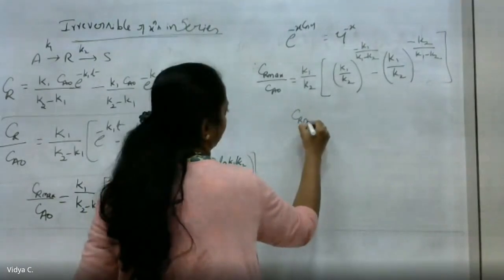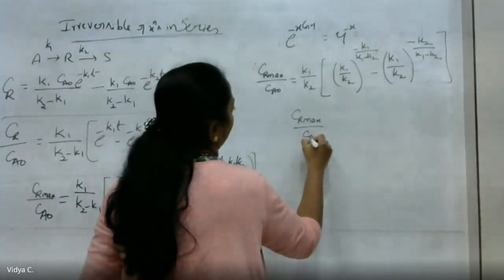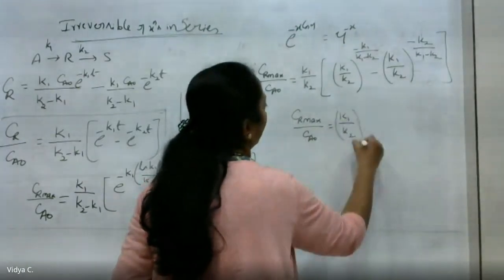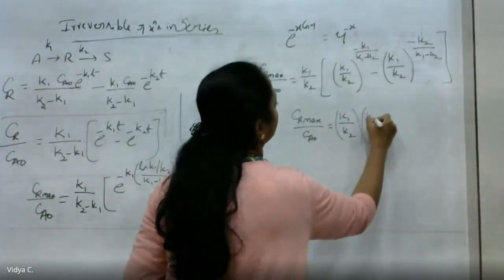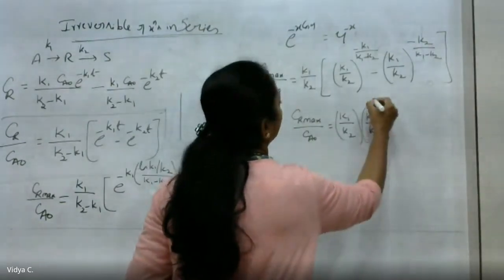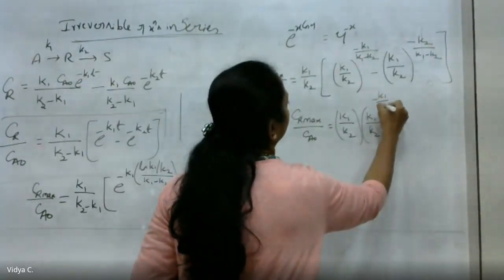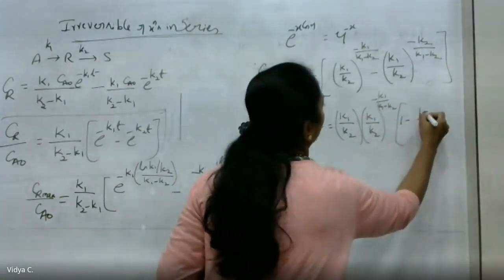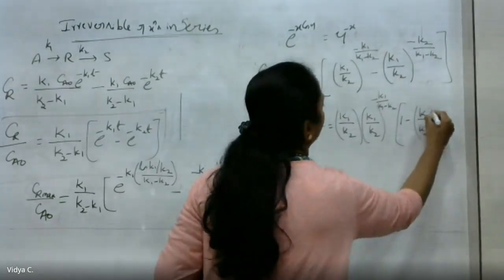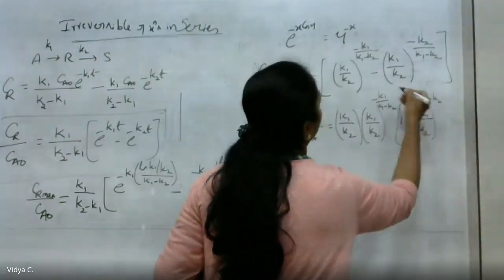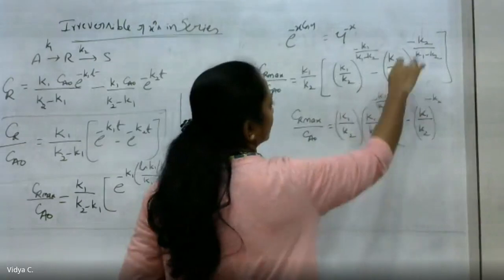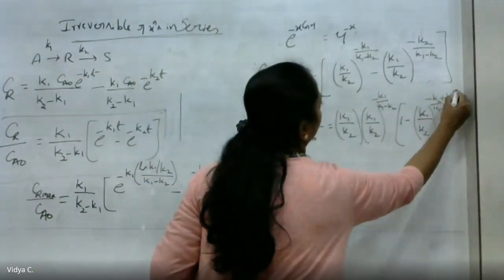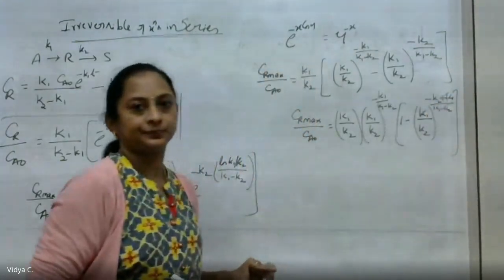CR max by CA0 will now be K1 by K2 into, I take this outside, so it is K1 by K2 into minus K1 by K1 minus K2 into 1 minus K1 by K2 into, see, this is minus K2 and what comes here now? This goes up, so it is plus K1 by K1 minus K2. Okay. So this cancels.